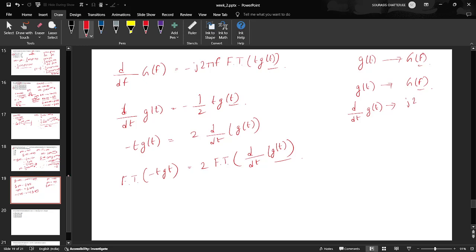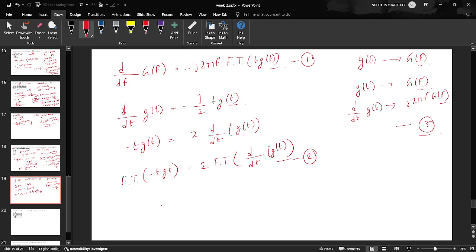It's nothing but j 2 pi f G(f). So this is equation 1, this is equation 2, this is equation 3 here.